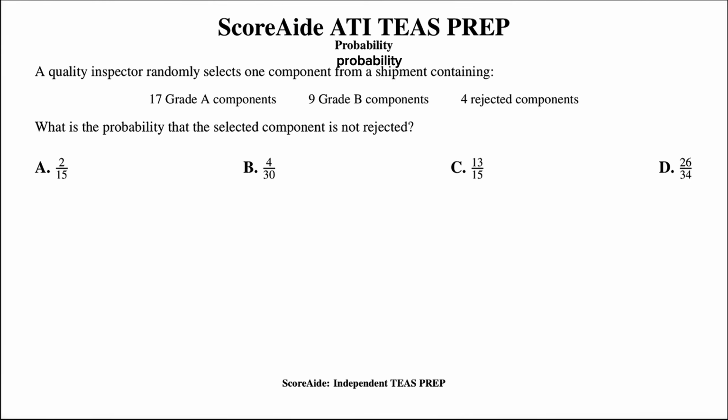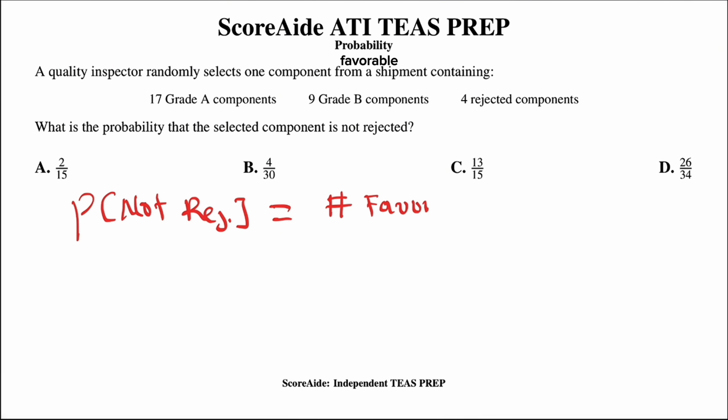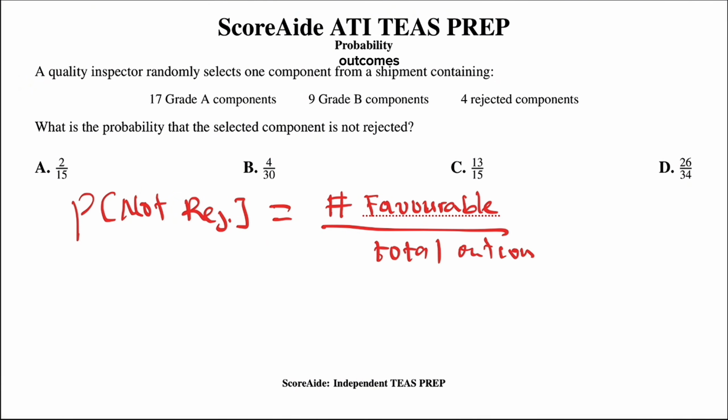So the probability of not rejected is the total number of favorable outcomes divided by the total outcomes.